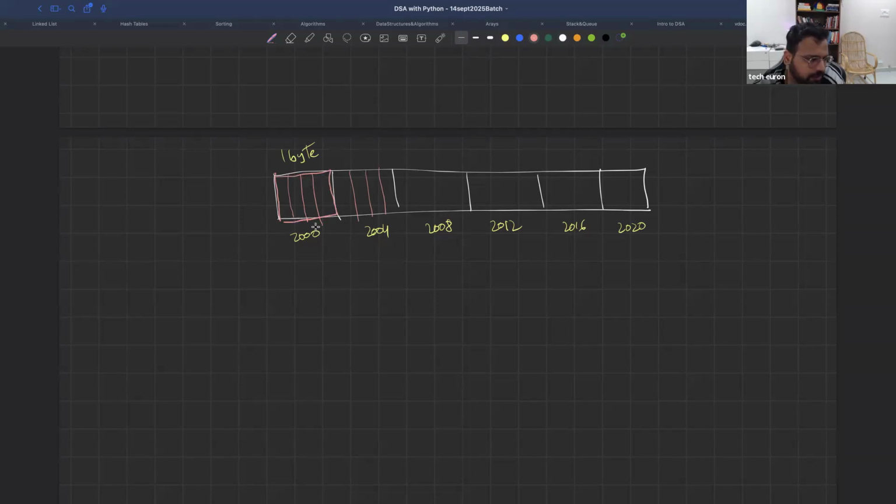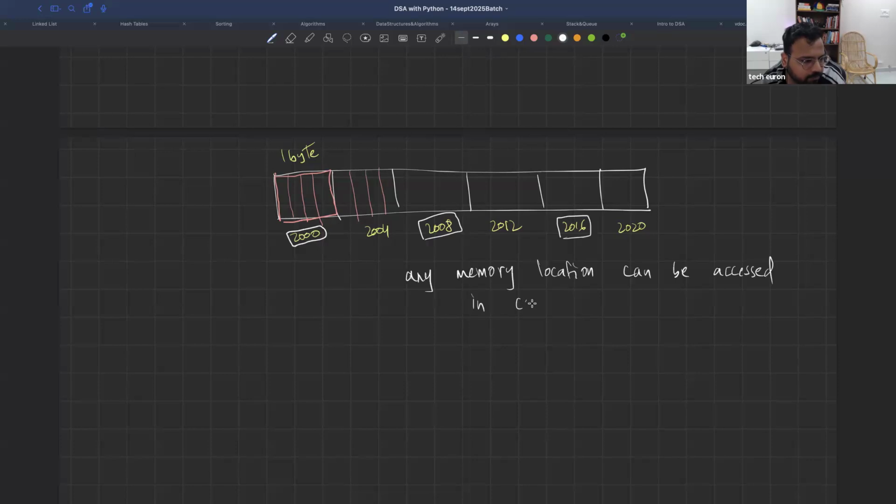Now, the good thing about memory, the way the CPU works, is that if you have the address, suppose this is 2008 or 2016, any memory location can be accessed in constant time, given the address.